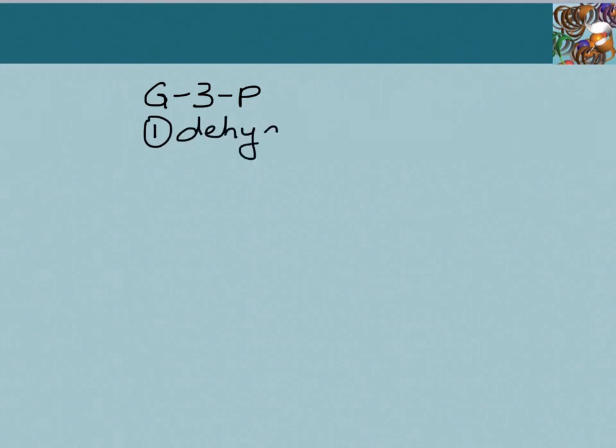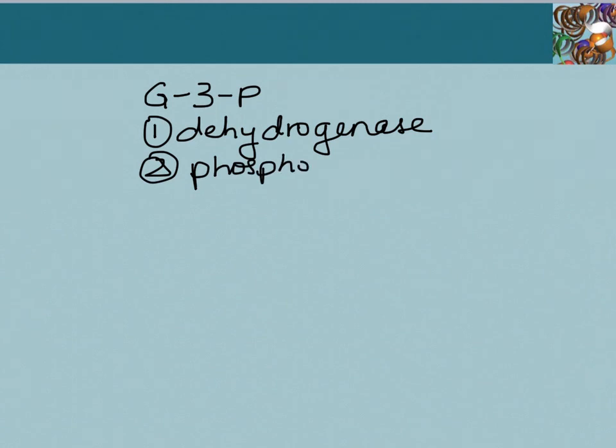Let's recap where we are with stage 2 of glycolysis. We started out with glyceraldehyde 3-phosphate. We had a dehydrogenase reaction, followed by phosphoglycerate kinase.